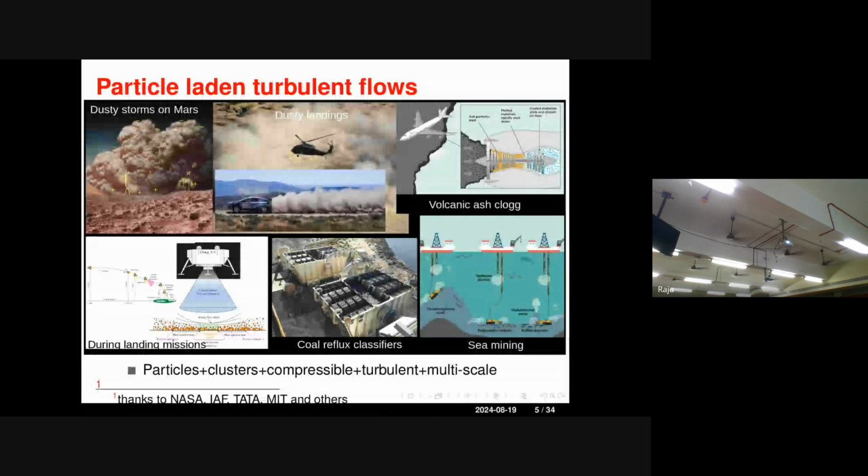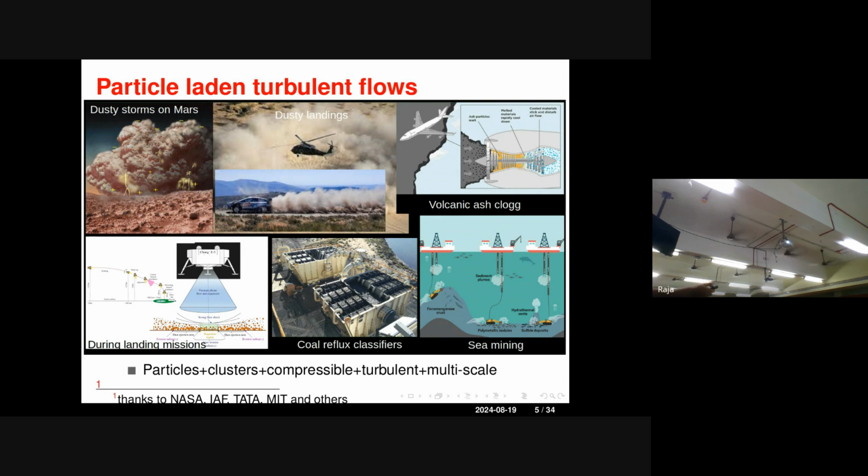The motivation: if we look at extraterrestrial environments like Mars, there are always dusty storms. Instead of clouds and thunderstorms happening on Earth at some 10 or 20 kilometers height, these dusty storms create thunder, and electrostatic potential creates lightning.